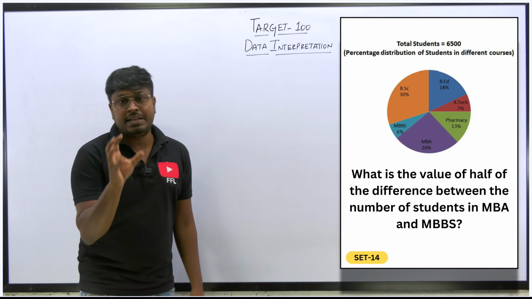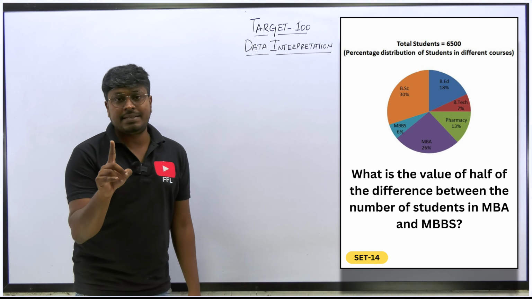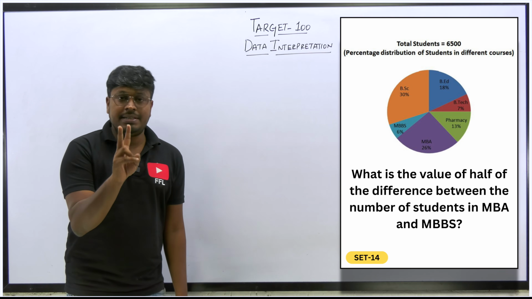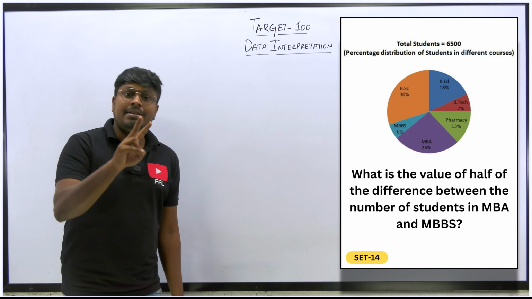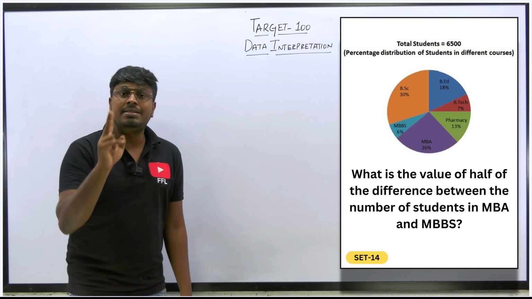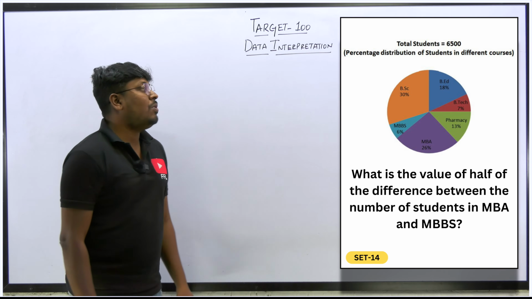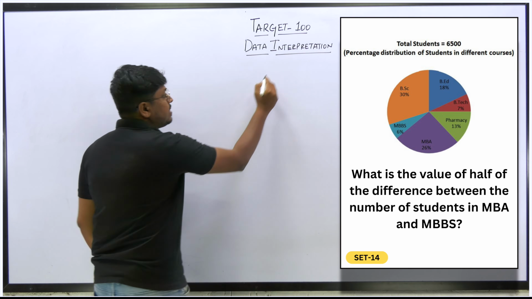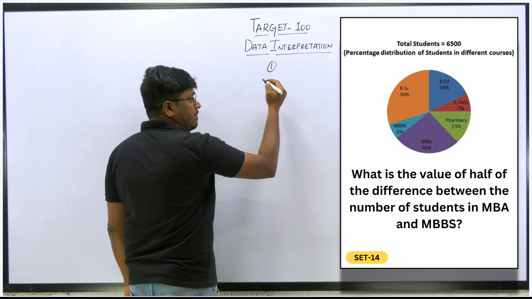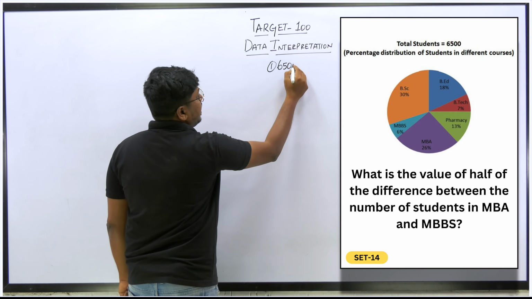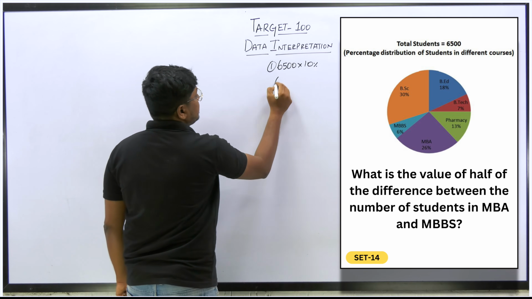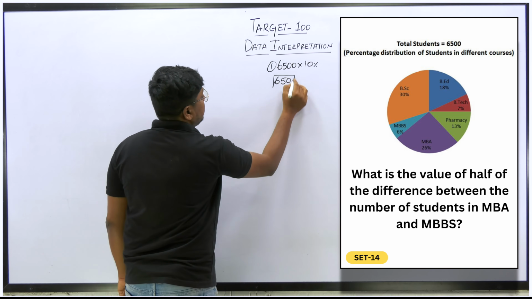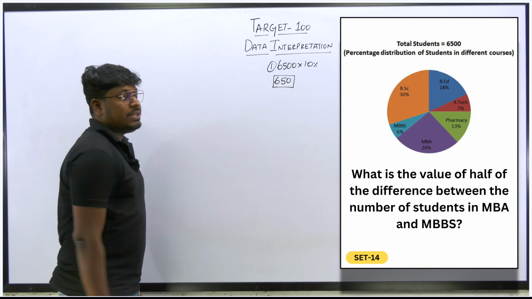So 26 minus 6 is 20%. 20% is the difference, and half of 20% will be 10%. So out of 6500 students, 10% will be 650. So the answer for question number 1 is 650 students.